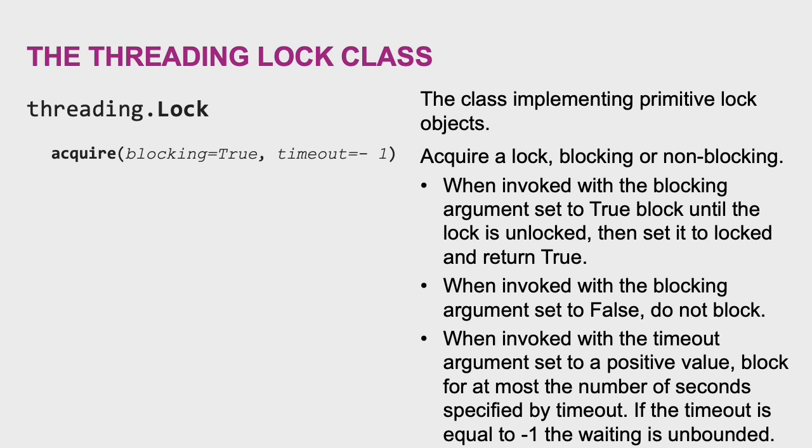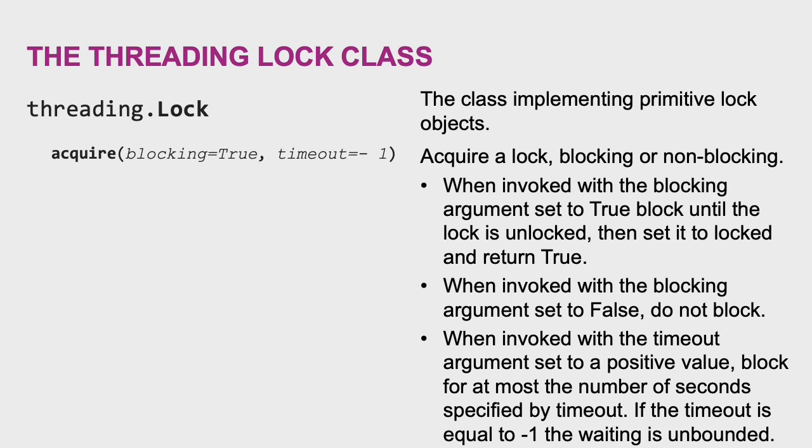Let's consider the acquire method. We can have different ways to use acquire, blocking and non-blocking. Let's consider blocking acquire. Well, with acquire, you attempt at acquiring the lock. So if the lock is open, no problem. The thread actually acquires the lock.